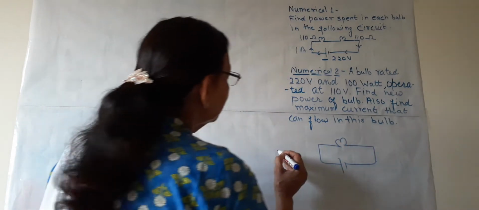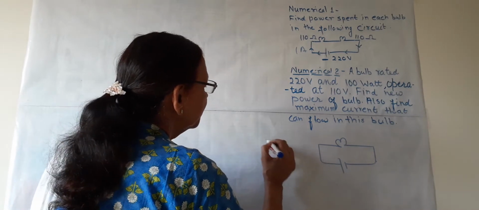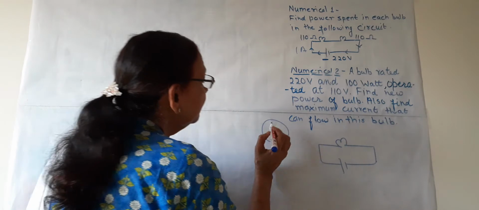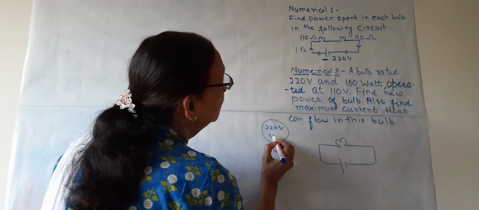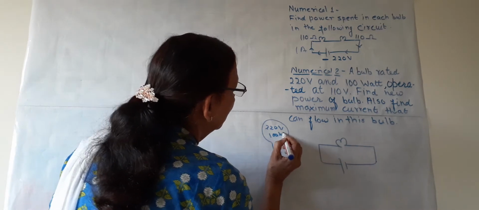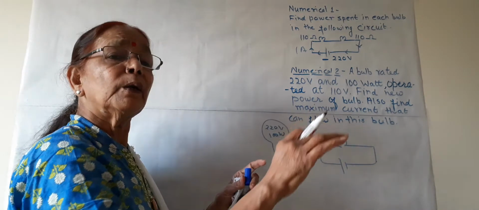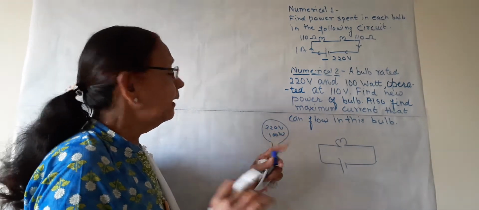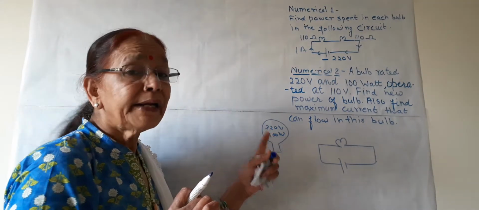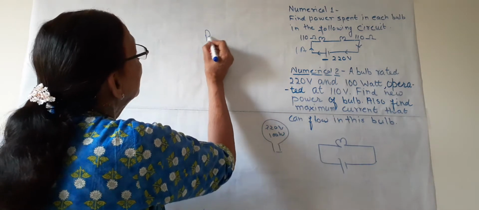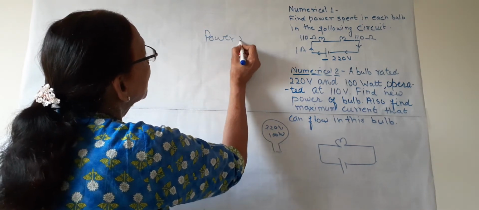What happens, you must have seen the electric bulbs we use in our house. It is written there, 220 volt and suppose 100 watt. Have you seen? This is printed on the bulb, 220 volt and 100 watt. It is known as the power rating of the bulb. What is power rating?